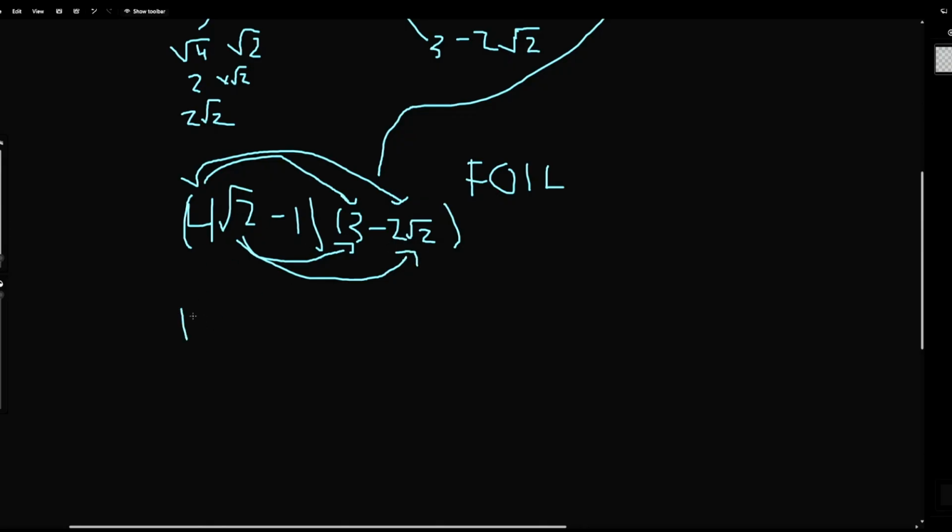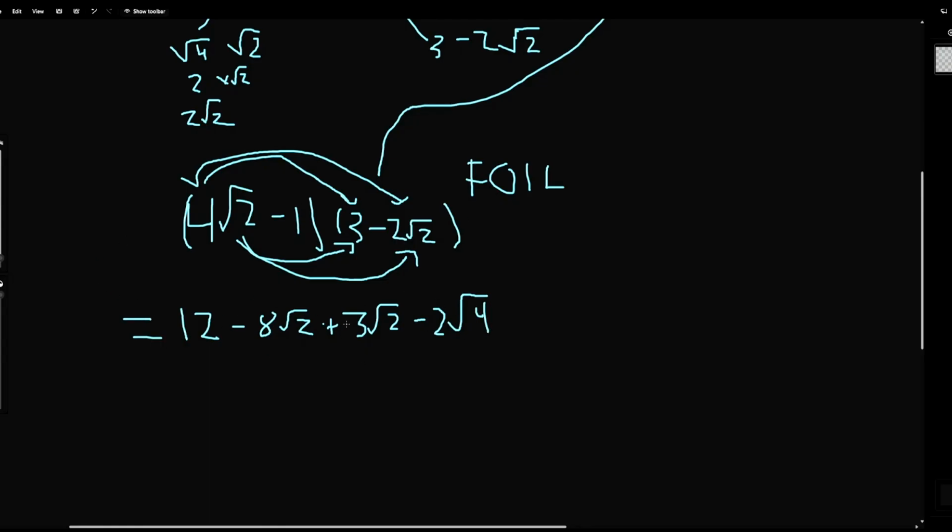So first, 4 times 3 is 12. 4 times negative 2√2 is negative 8√2. √2 times 3 is just 3√2. And √2 times negative 2√2 is just negative 2√4.